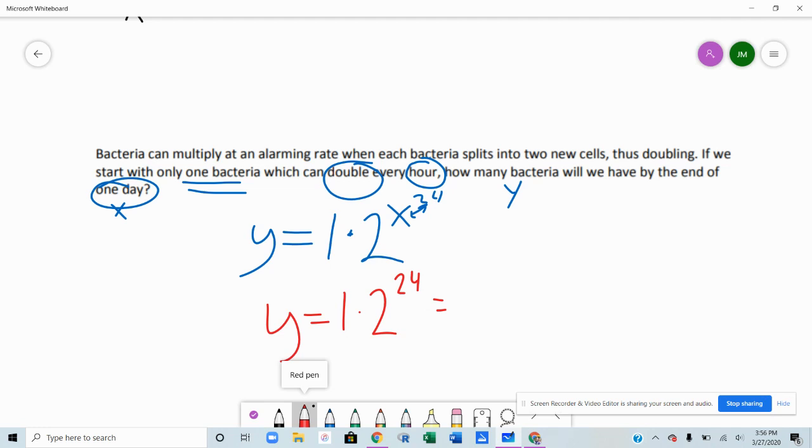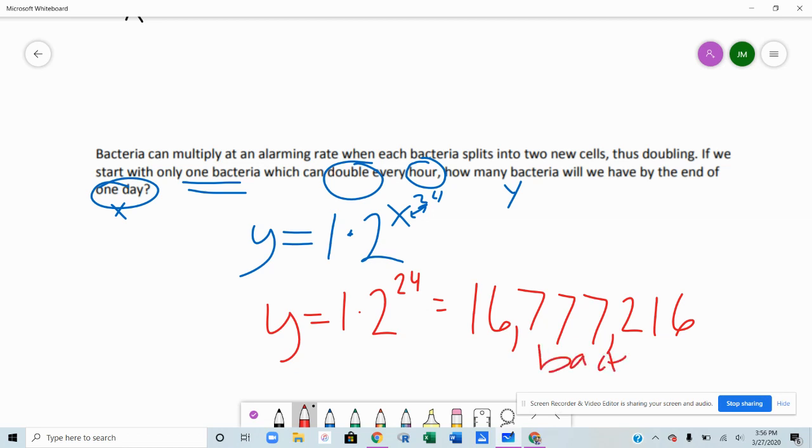And then calculator or Desmos gives you this really big number, 16,777,216 bacteria. And this is why you need to wash your hands.